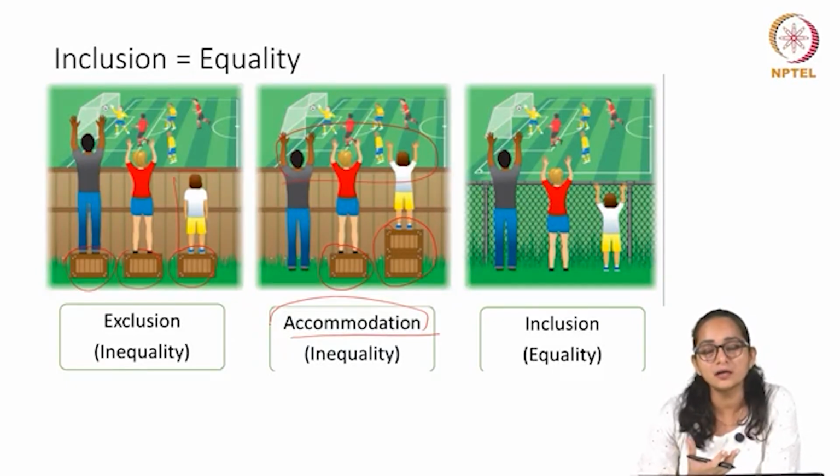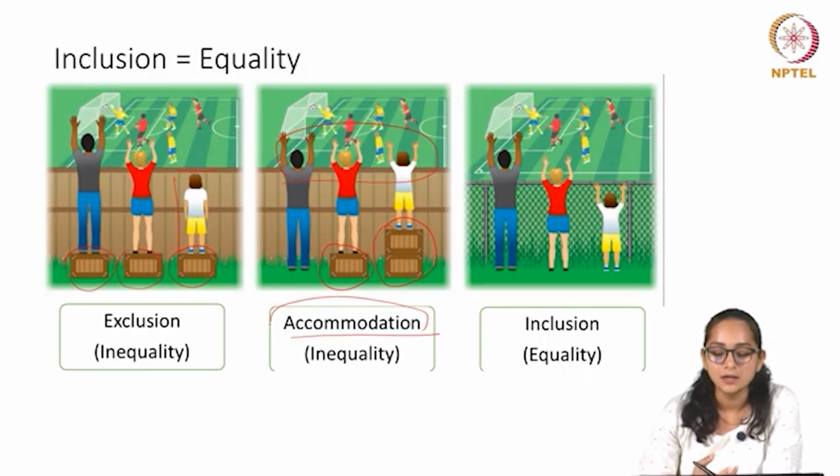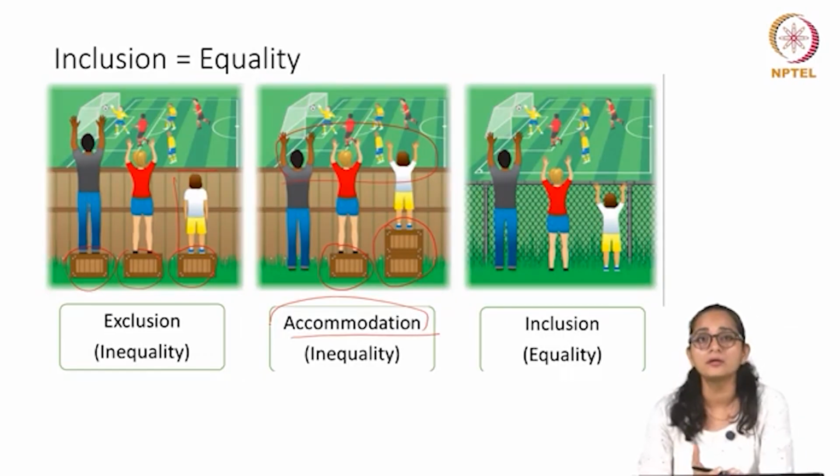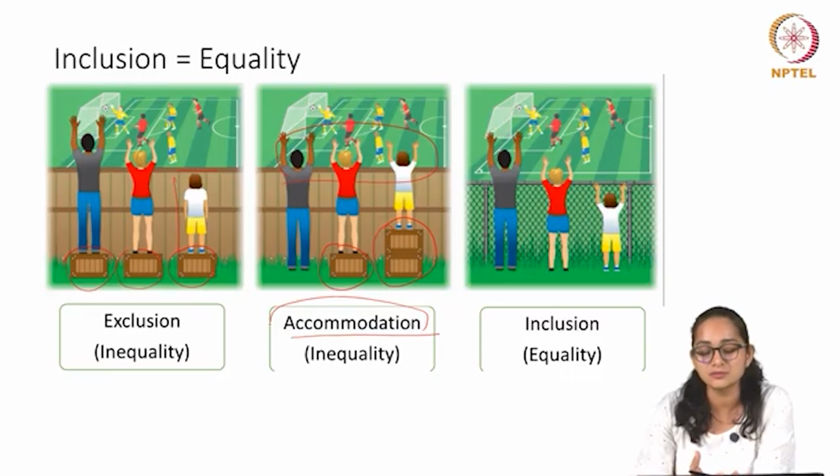It is not the same. It doesn't make them feel the same. But many a times access is the priority, and people with special abilities are okay to use such reasonable accommodation, so that at least they are able to access.